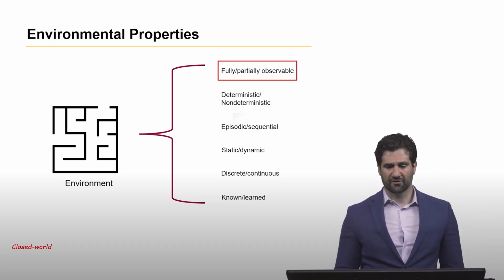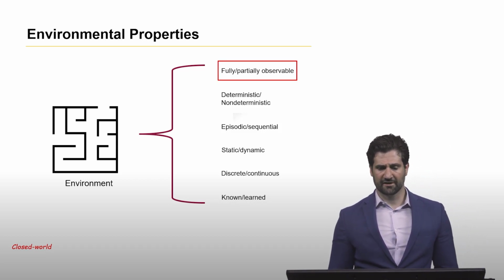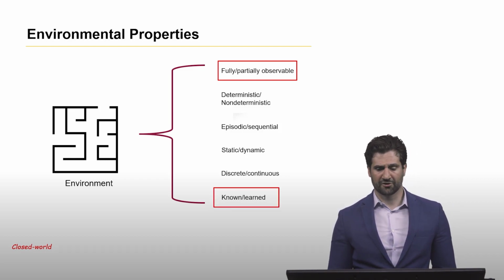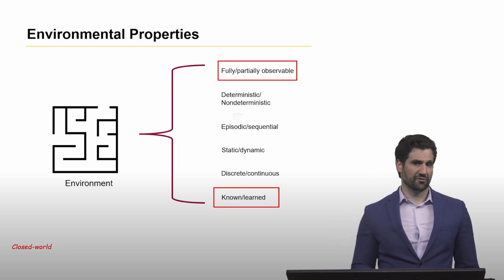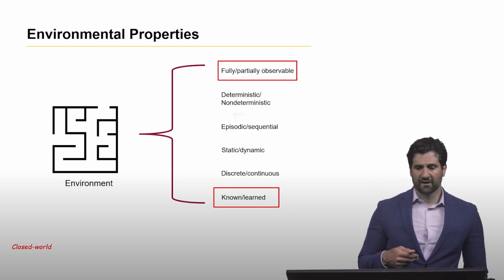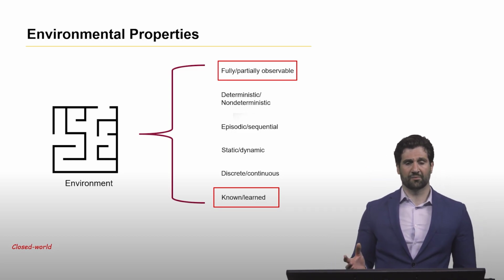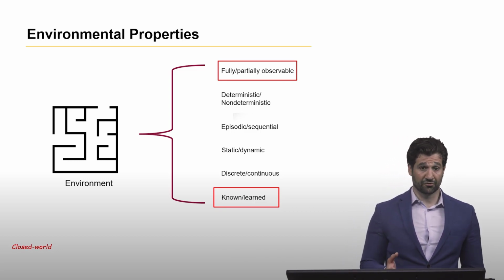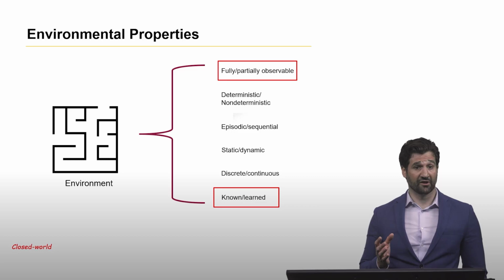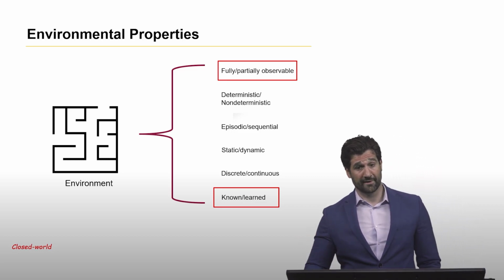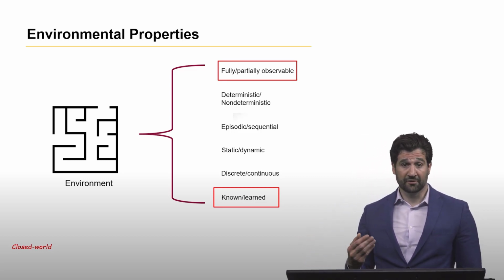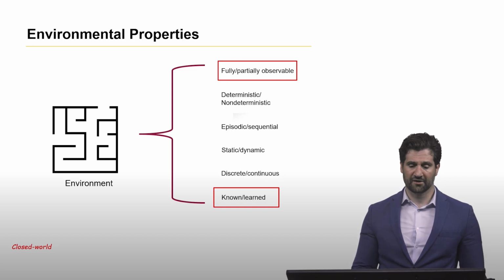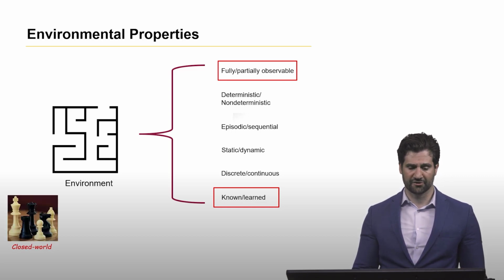Two that I'm going to highlight in particular are fully versus partially observable, and known versus learned. Especially when you have these properties of the environment, making what we called the closed world assumption, where we assume things not known to be true are automatically false, could be potentially problematic in these two scenarios.